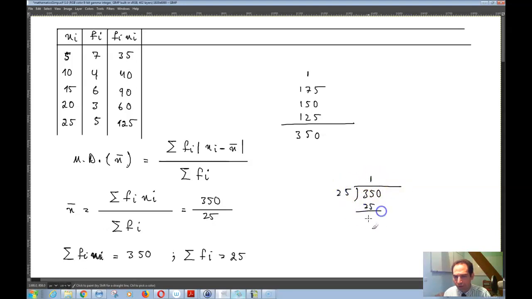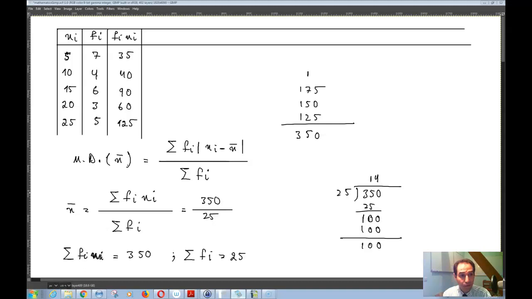Let me see, I don't know why I'm making a mistake here. 35 plus 40 plus 90 plus 60 plus 125 is 350. 350 divided by 25 is equal to 14.